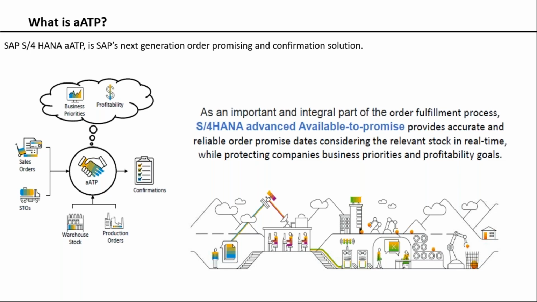The main objective of ATP is to provide accurate and reliable order promising dates by considering all available warehouse stocks or any future receipts, that includes purchase orders, production orders or planned orders.